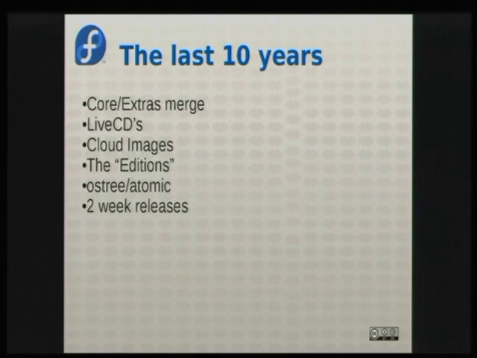We also create an updated Docker base image every 2 weeks as part of that process, which we don't push out to the greater world. It sounds like a lot of stuff, but it's really not. The way we produce Fedora today, for up to 23, has not really changed a whole lot since the core and extras merge. We've tweaked things, we've kind of grown organically, we've added stuff, but it's the same basic process.